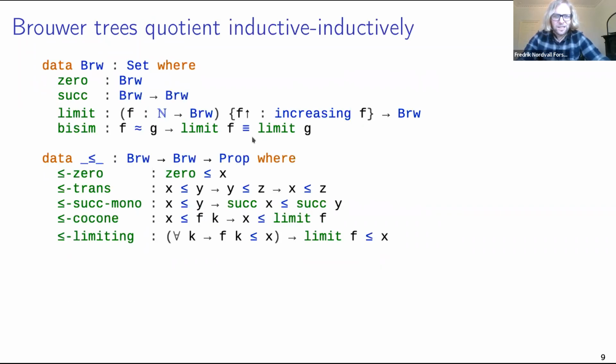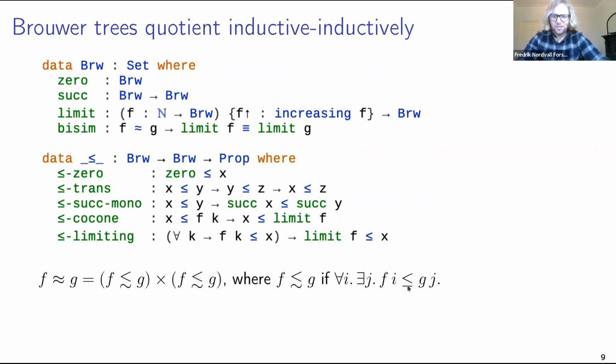So we quotient by this, but that means, because this notion refers to the less than relation, that we have to define this at the same time, just as for the increasing. So we have to give some reasonable definitions. We say that 0 is less than or equal to x, and we throw in transitivity because we are going to prop truncate this anyway, just like we are set truncating the type.